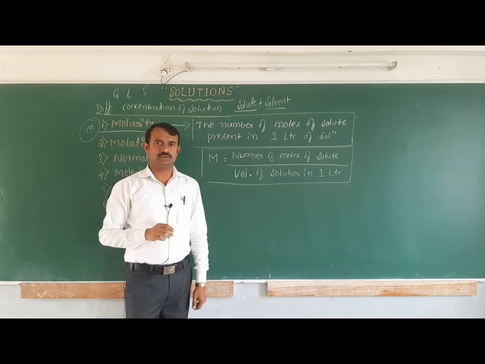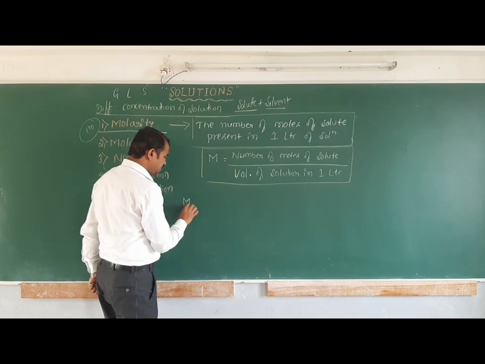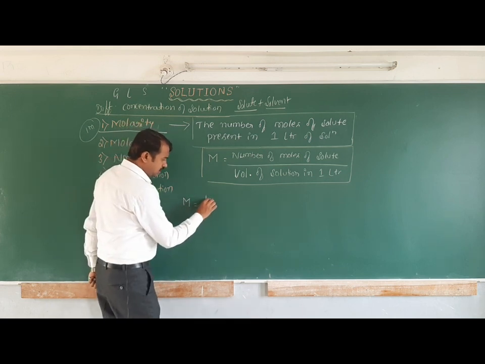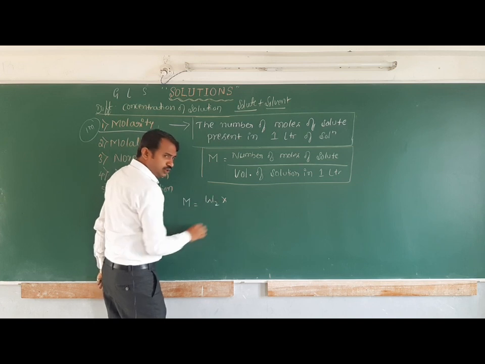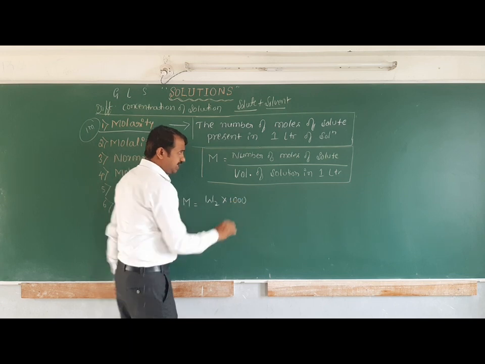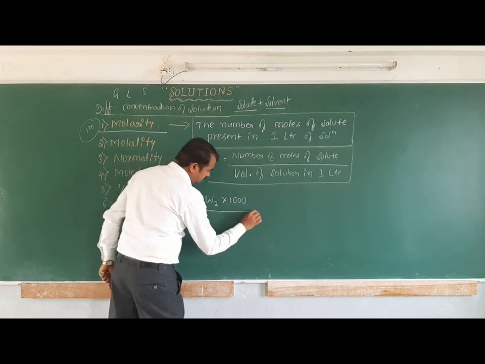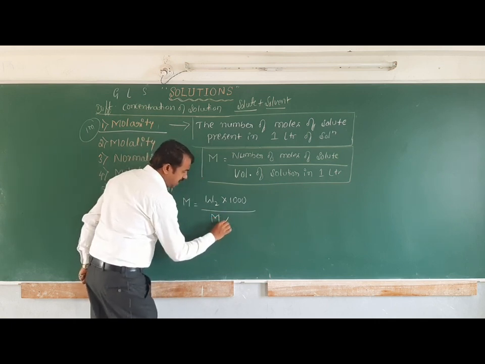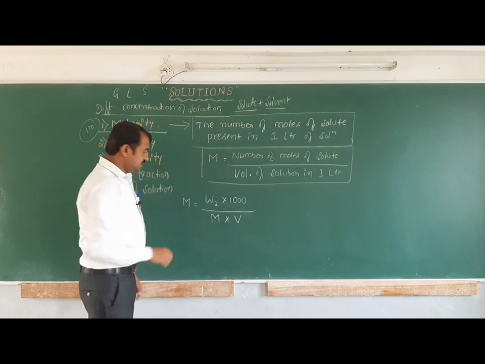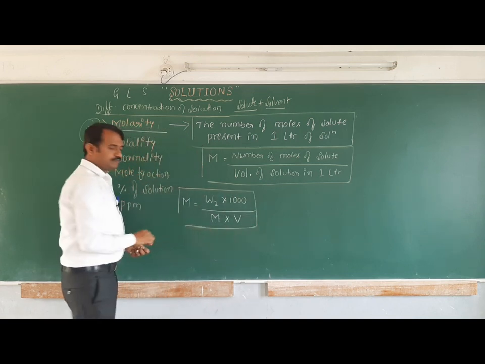The formula of molarity: M equals W2 into 1000 divided by M into V. This is the formula of molarity.